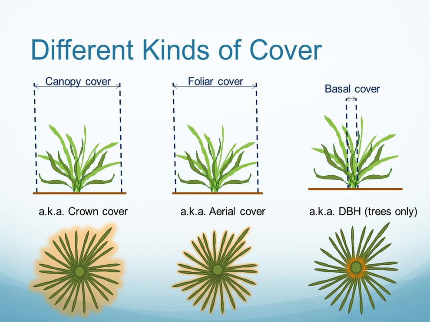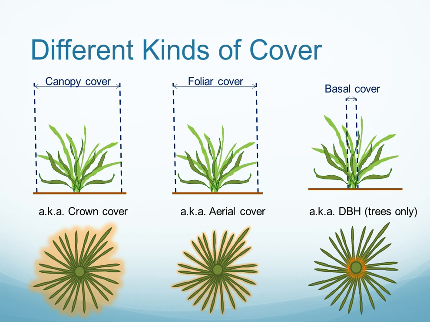In order to measure the basal cover of a tree, that provides a lot of good information, but it's difficult to measure at the base of the tree because there's often a lot of variation in where the soil is at the base of a tree.